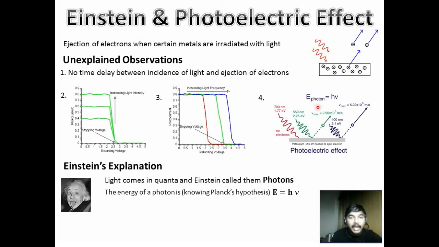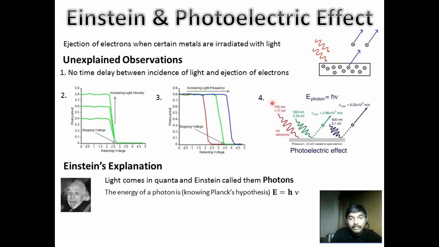And this was explained very simply by the fact that every metal has something called a work function. That is the minimum amount of energy you have to supply in order to eject an electron.